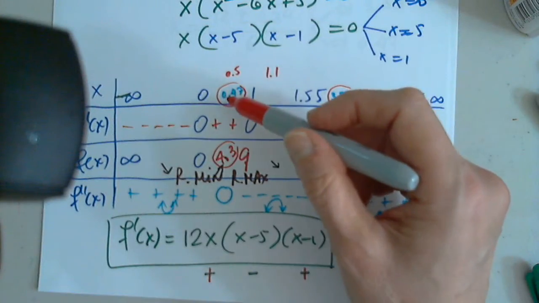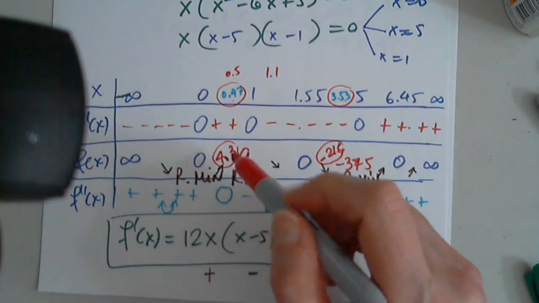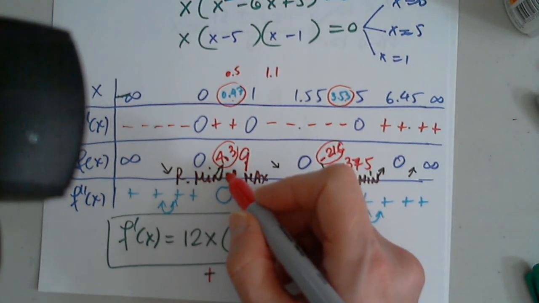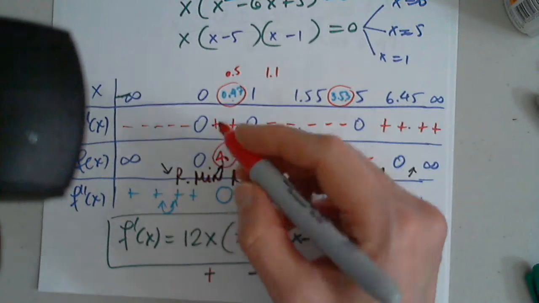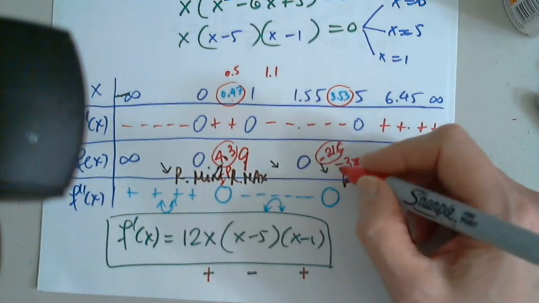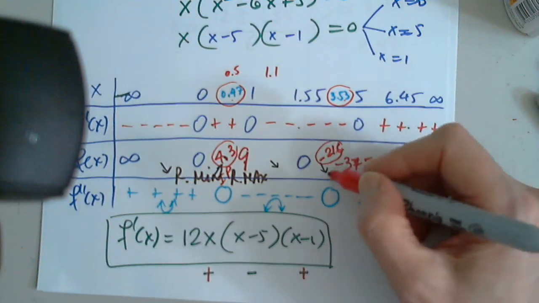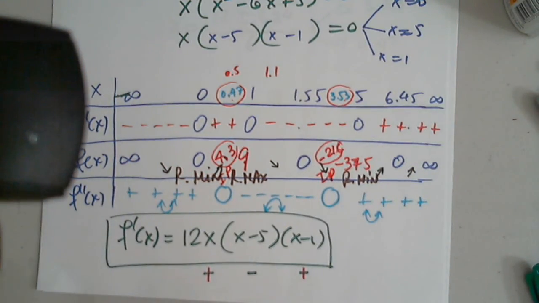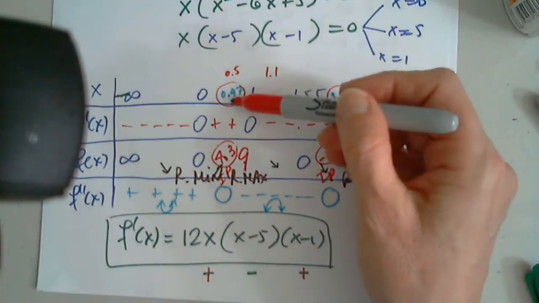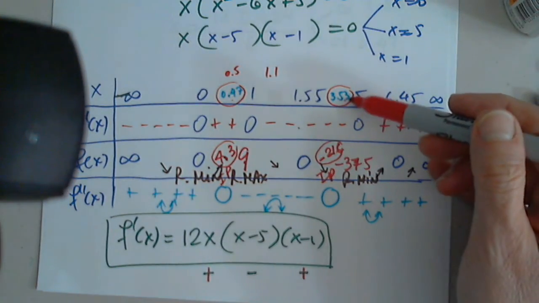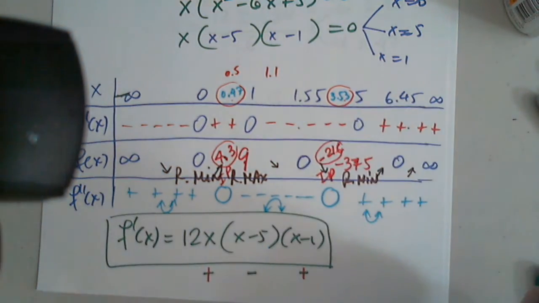Okay, so again, what is 0.47 comma 4.3? Very good. IP as well as this IP. Why? Can anyone tell us why is 0.47 comma 4.3 an IP and the same here? When the graph changes concavity. Why? Yes, excellent, but why?